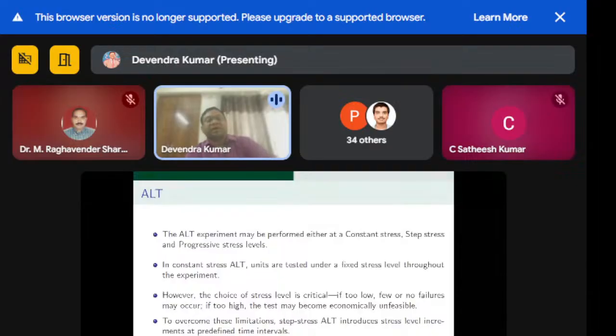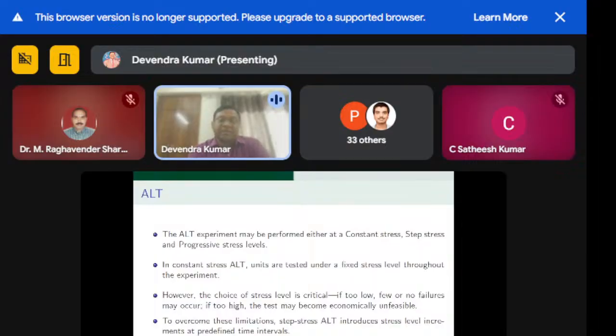The ALT experiment may be performed at a constant stress, step stress, or progressive stress level. In constant stress ALT, units are tested under a fixed stress level throughout the experiment. However, the choice of the stress level is critical. If too low, few or no failures may occur. If too high, the test may become economically unfeasible.